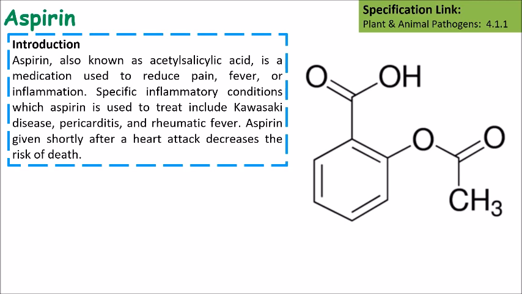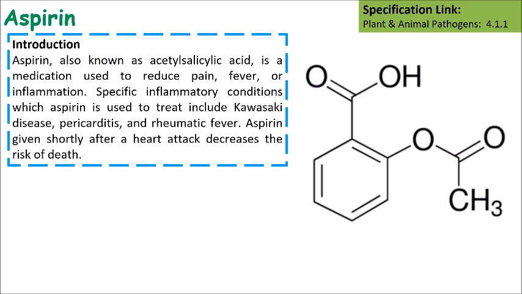Aspirin, also known as acetylsalicylic acid, is a medication used to reduce pain, fever or inflammation. Specific inflammatory conditions which aspirin is used to treat include Kawasaki disease, pericarditis and rheumatic fever.